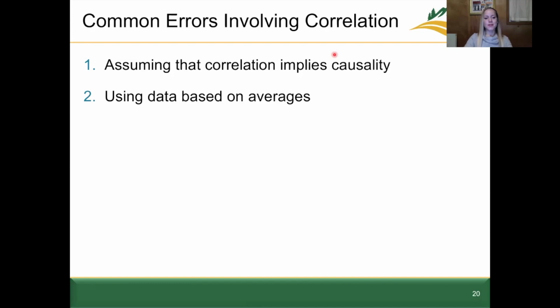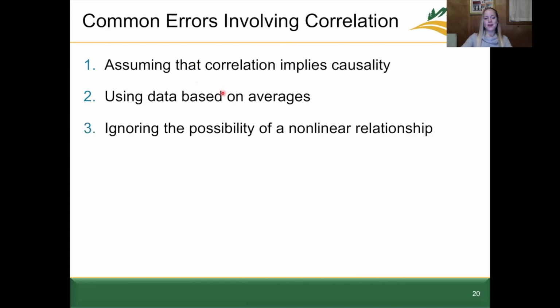Common error number 2 would be using data based on averages rather than based on individual sample results. So we don't want to use averages, we don't want to use means, we want to use individual sample data for these correlations. Common error number 3 we've also talked about. This would be ignoring the possibility of a non-linear relationship.